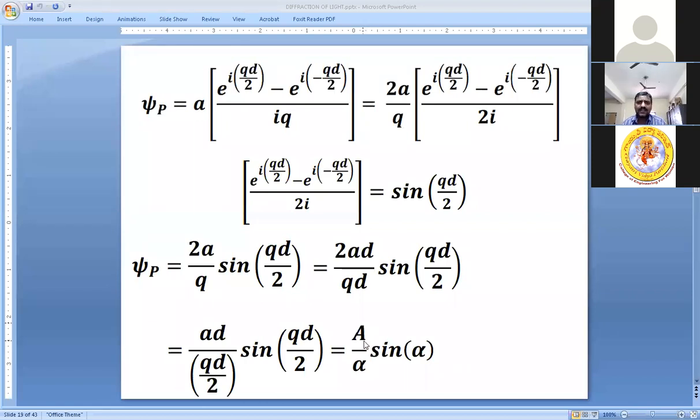And in mathematical terminology, this sin alpha by alpha is called sinc alpha, SINC, sinc function, right? Just like cos theta plus i sin theta is cis theta, here we call this sinc alpha. Of course, whether you know it or not, it's not a problem. Especially EC people, they'll be using it as sinc alpha. Okay, I'll make a move to the next slide.